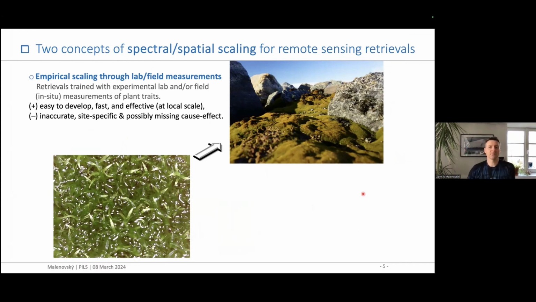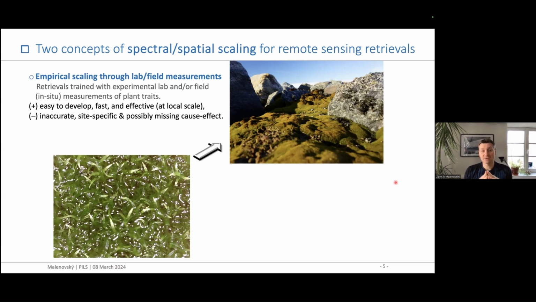We have two types of the scaling, let's say, traditional ones, and the first which has been applied was a direct empirical scaling using the lab field measurements, where we measure the traits in the field, and then we directly link it with the optical remotely sensed observations. Now, this is very easy and fast and effective, but it only works at the local scale.